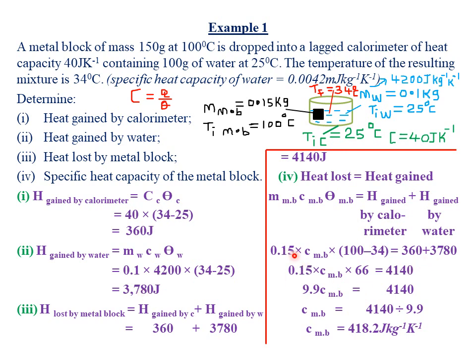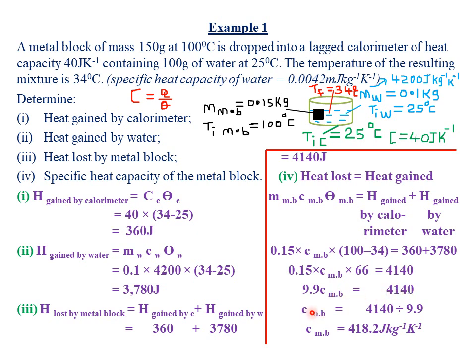Therefore, if you take 100 minus 34, you'll simply obtain a temperature change of 66 Kelvin. And of course, if you take 360 plus 3780, you'll obtain 4140. So 0.15 multiplied by 66, you'll obtain 9.9. Then of course, multiplied by the specific heat capacity of the metal block, which should be equal to 4140.